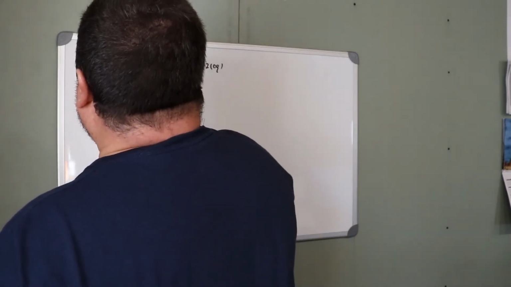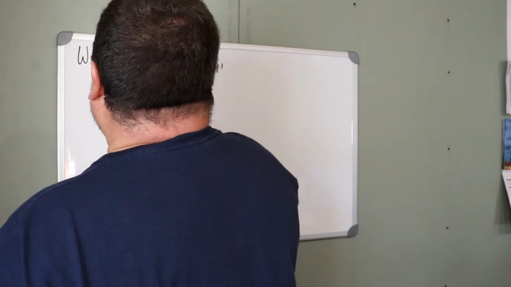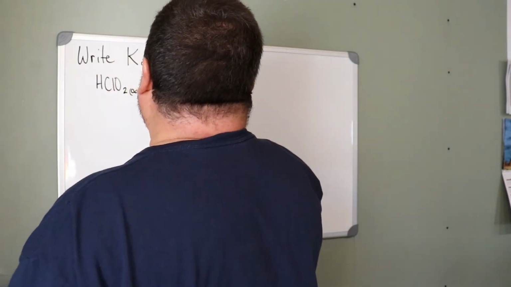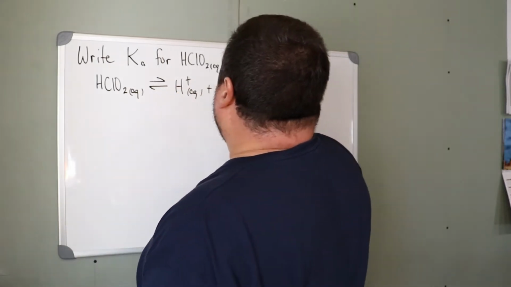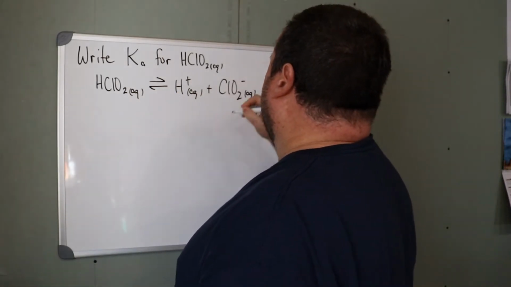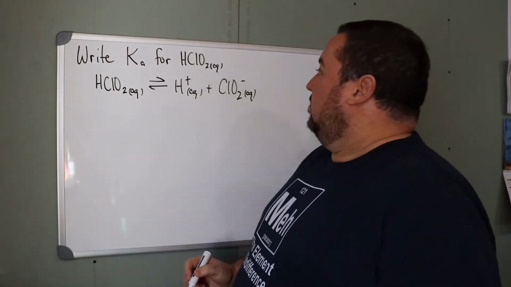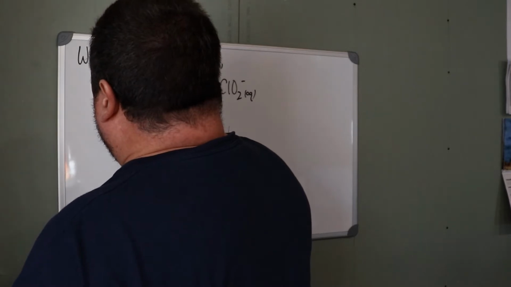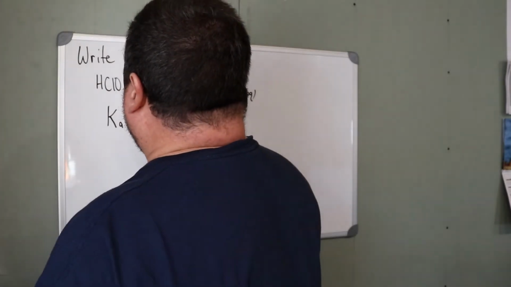HClO2 aqueous in equilibrium with hydrogen ion and ClO2 minus aqueous, chlorite ion. If I write the equilibrium constant, like all equilibrium constants, I put products on top.